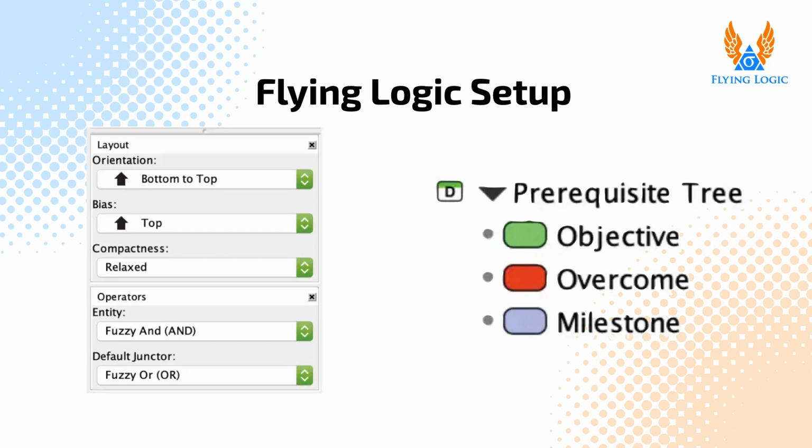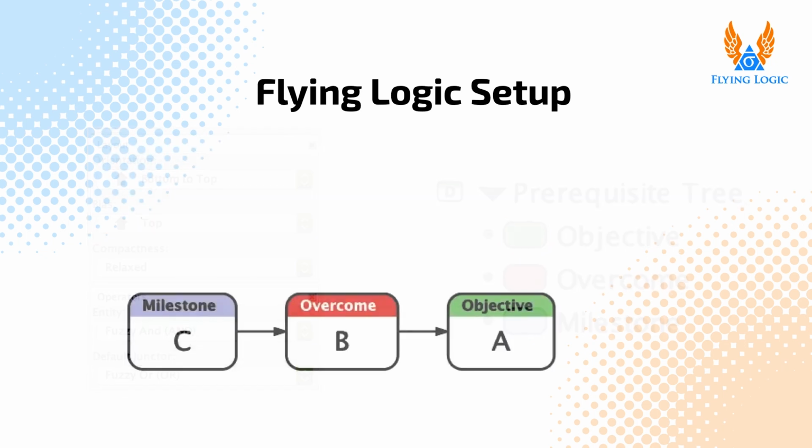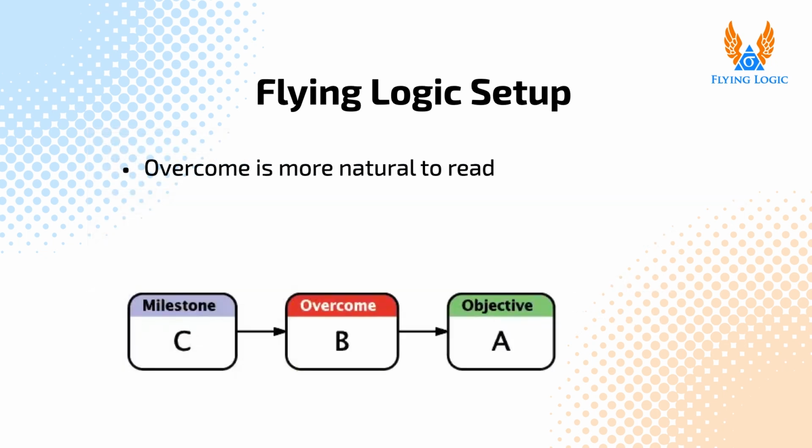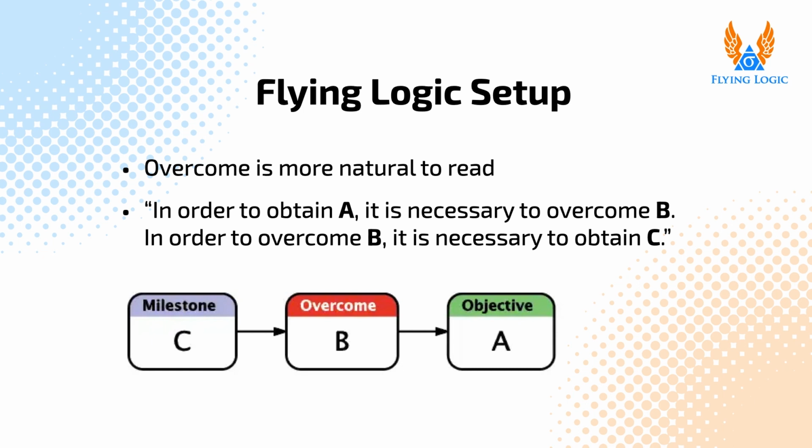We use the two terms somewhat interchangeably, but the name overcome was chosen for 3 reasons. First, the choice of overcome makes the tree sound more natural to read. For example, this sequence can be read: in order to obtain A, it is necessary to overcome B. In order to overcome B, it is necessary to obtain C.